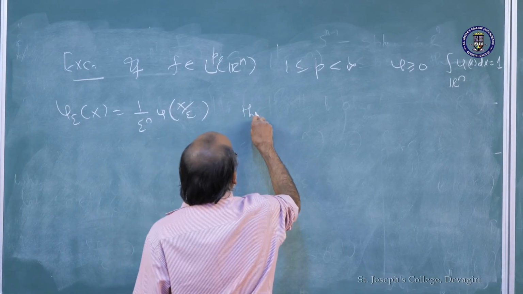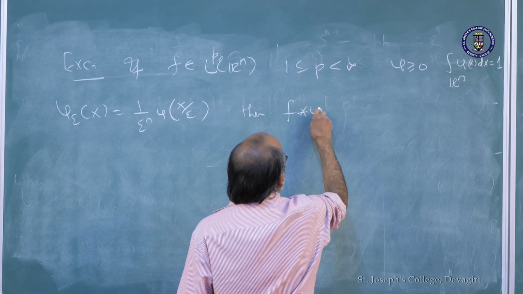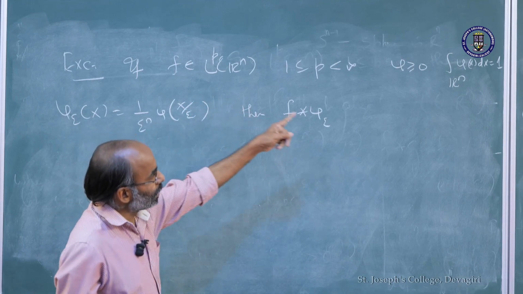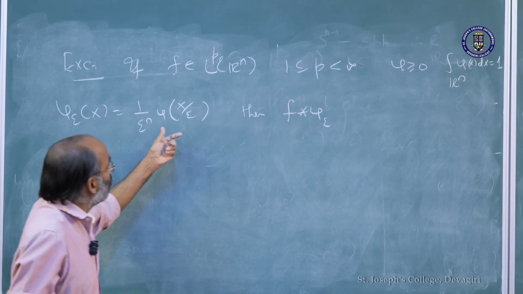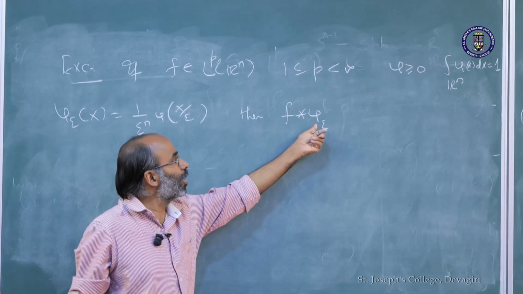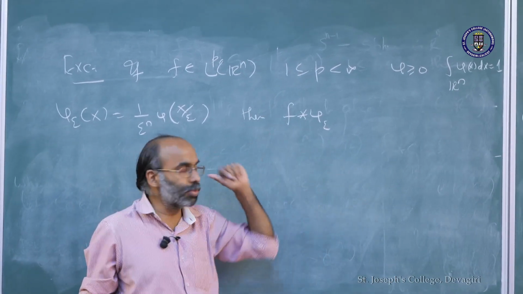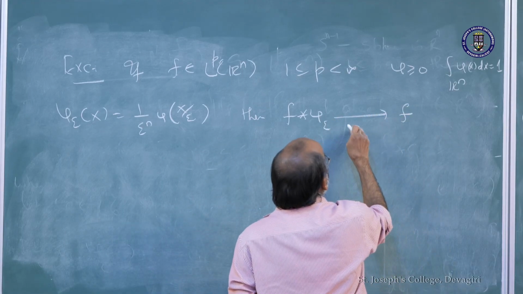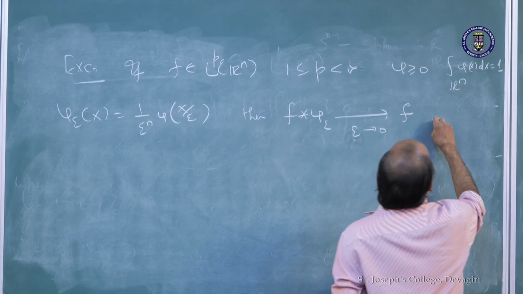Then, f convolved with phi_epsilon still makes sense, right. f is in L^p, phi is in L1, phi_epsilons are also in L1. So, I am convolving L1 with L^p, and that is in L^p, that was the previous exercise. Then f convolved with phi_epsilon converges to f, and this happens in L^p.